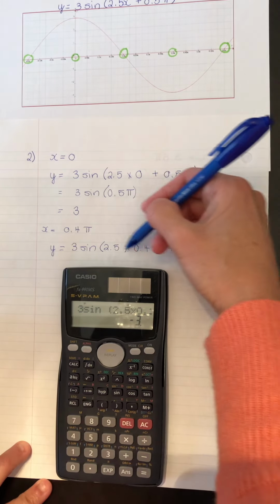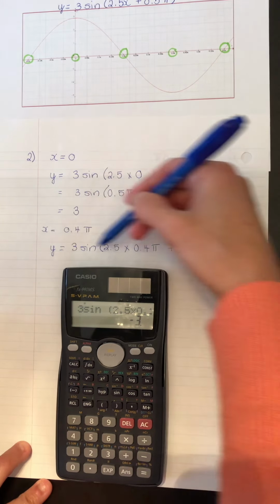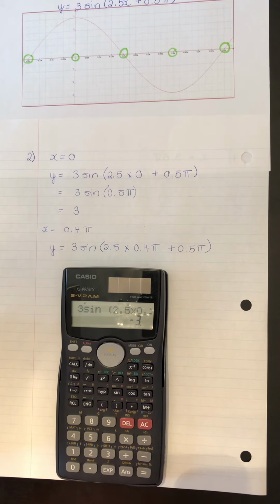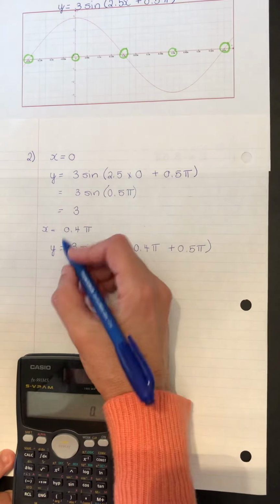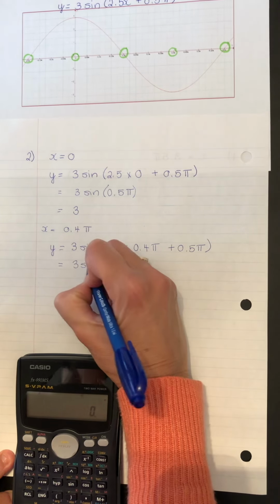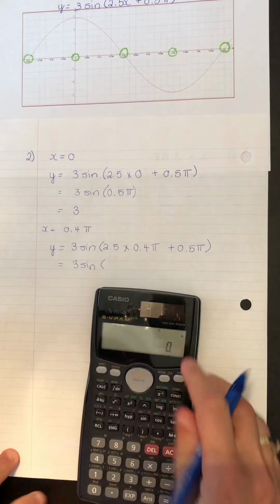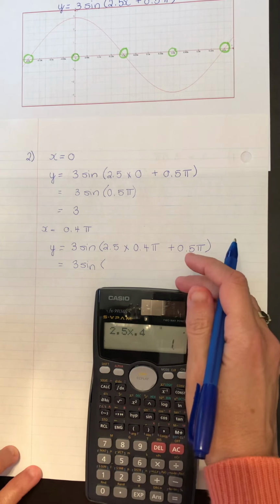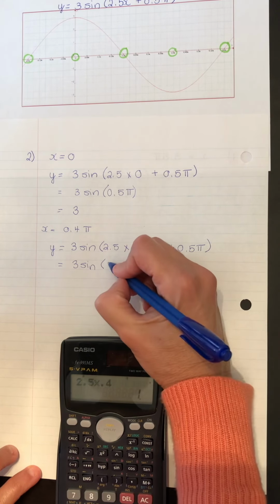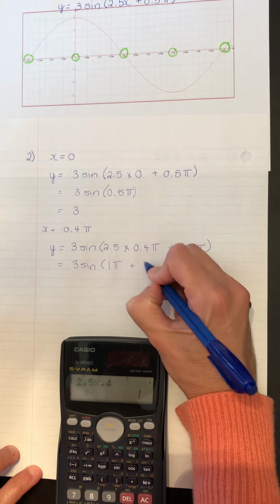So even if you don't go ahead and simplify this, you just punch it in left to right using brackets where required, and you'll get the right answer. If you wanted to simplify it, you would do this. 3 sine, and then you'd say, what is 2.5 times 0.4? That's 1. So this is 1 pi plus half a pi.